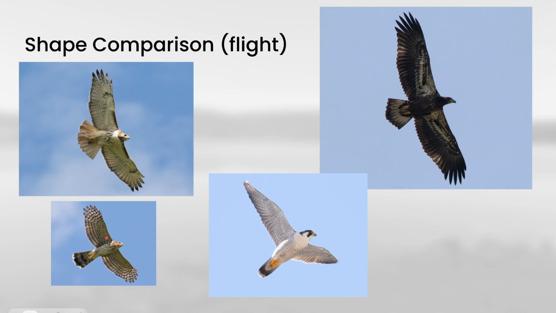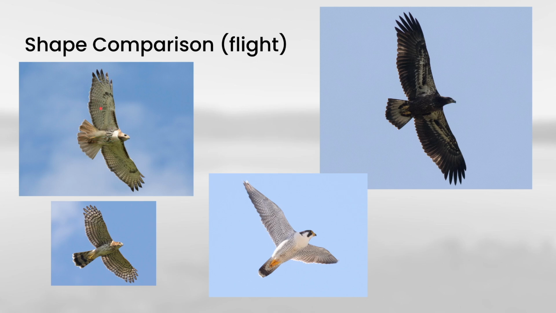And if we compare Cooper's hawk to red-tailed hawk, just notice how long the body and tail is on the Cooper's hawk compared to the surface area of the wing. If you look at that in red-tailed hawk, it's a lot shorter compared to the amount of wing that you have.